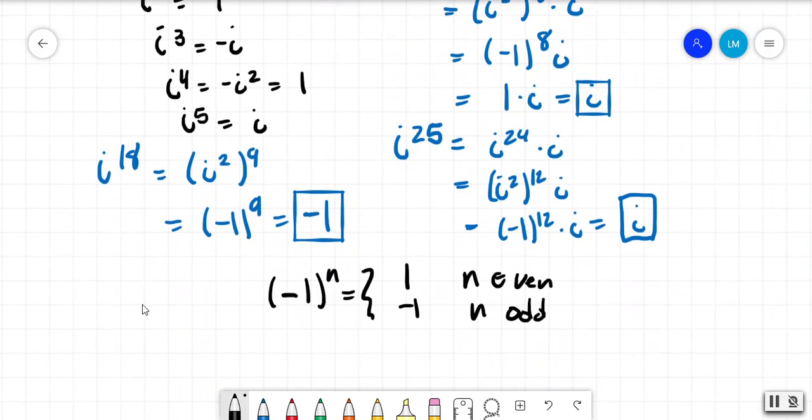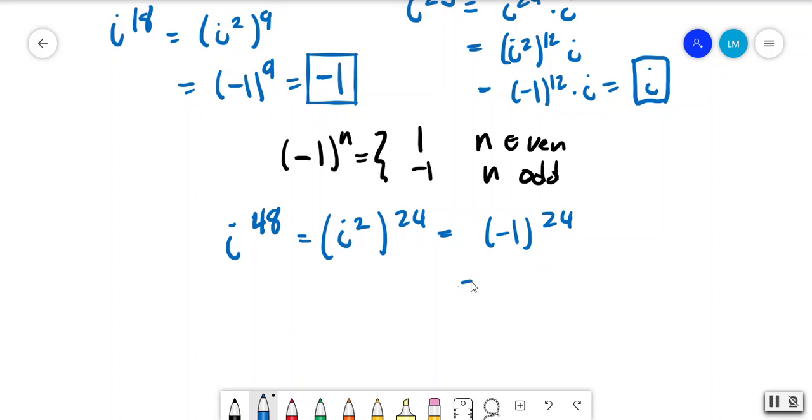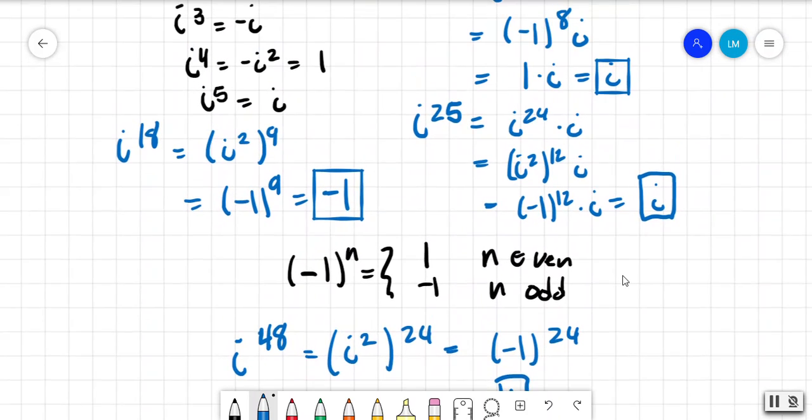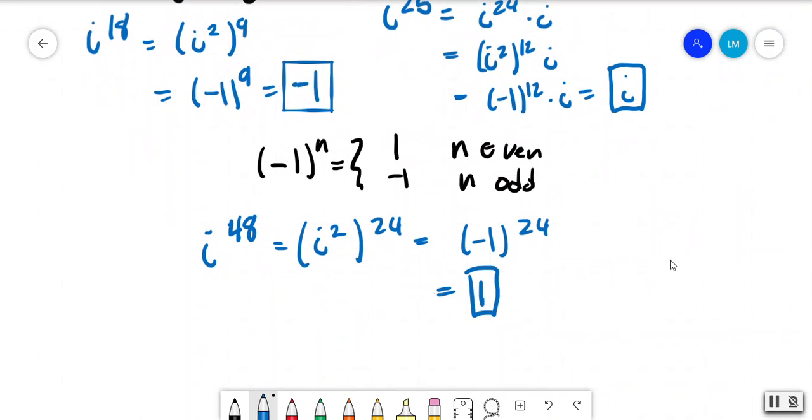If I had i to the, let's say, 48, well, in this case you could say i to the 48 is really just i squared raised to the 24, which is negative 1 to the 24, which is positive 1. Let me go back over here and make sure I don't have any that are positive ones. Okay, so yeah. All right.